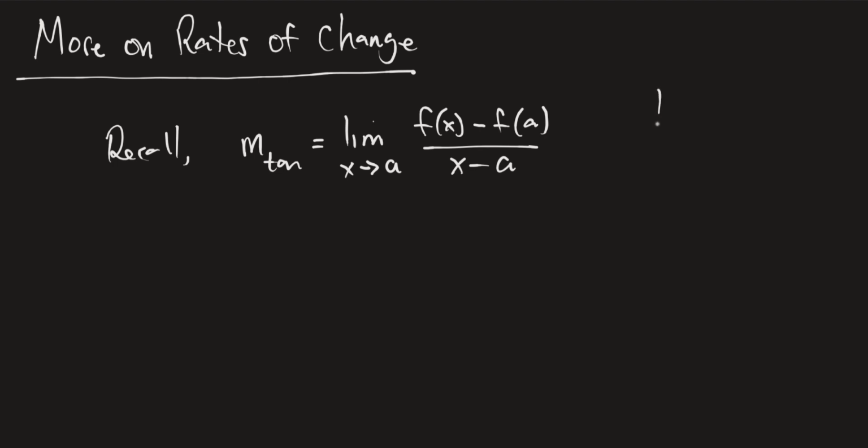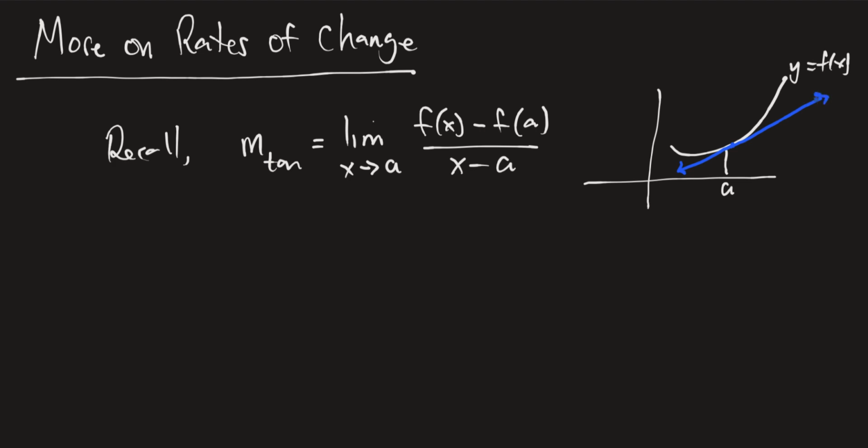And the whole idea is we have the graph of a function, so let's say this is our function, y equals f of x, and we have a fixed point right here, which I'm going to call a, and then we want to find the slope of this line that is tangent to the curve at that point, right?